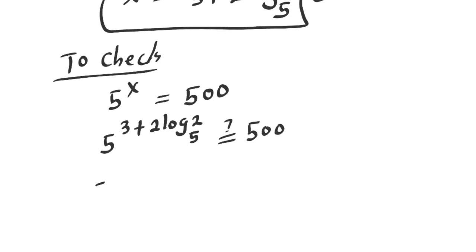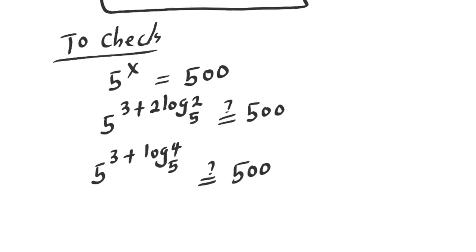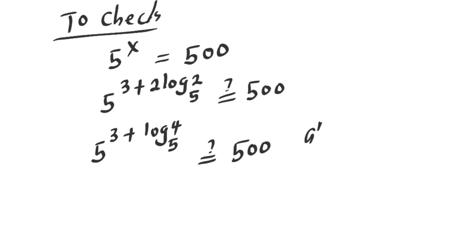This is same thing as 5 raised to power 3 plus log 4 base 5 must be equal to 500. Then if you have a raised to power m plus n, this is equal to a raised to power m multiplied by a raised to power n.